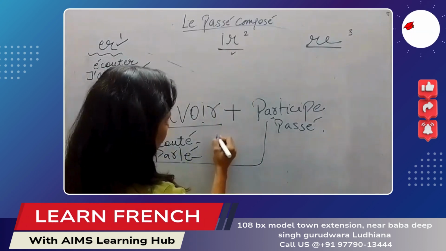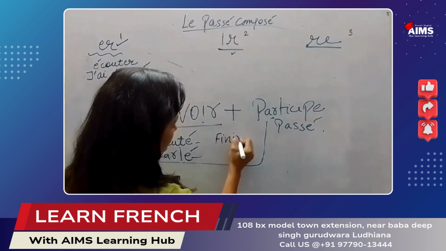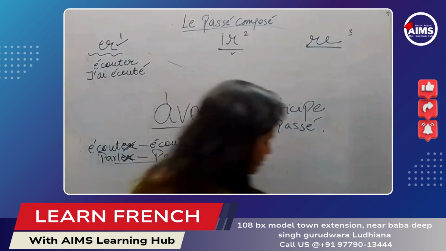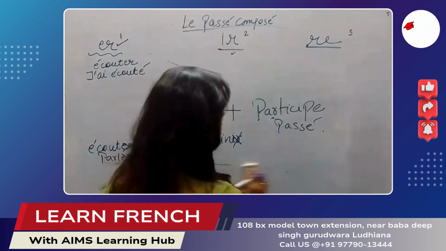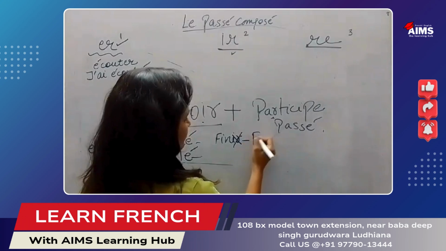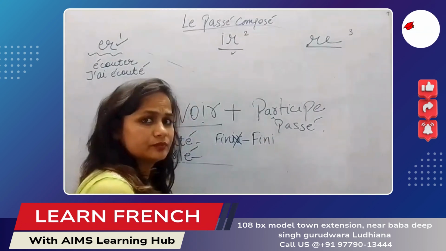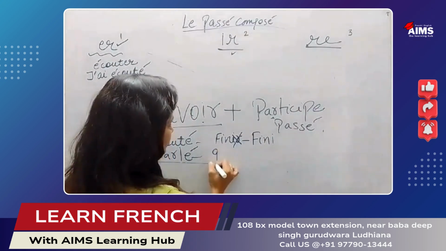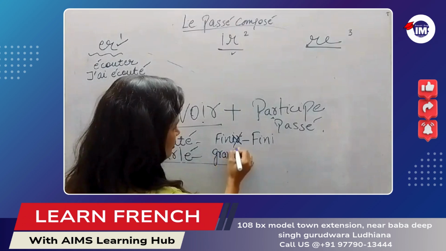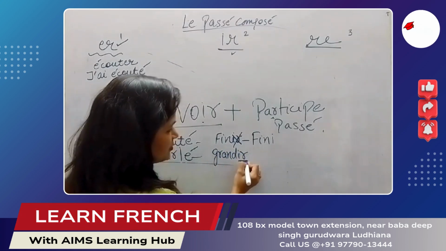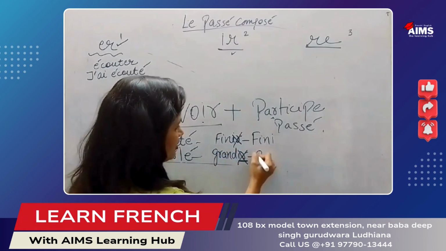Let's learn this. Okay, finir. Enlever ir. You are left with this. Ajouter i. Fini. Okay. Another example. Grandir. Ir verb, second group. Enlever ir.